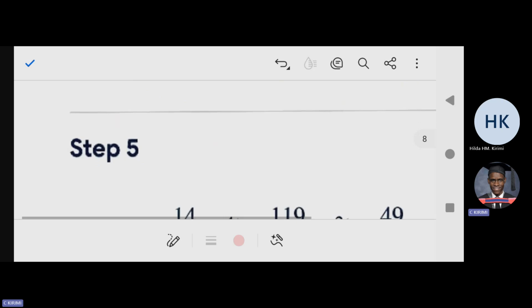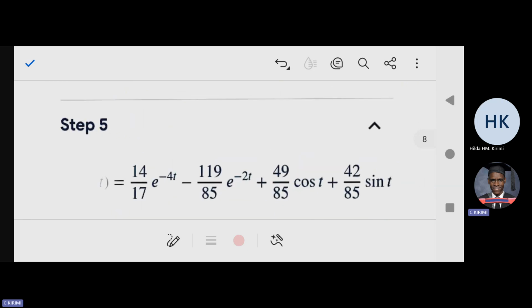After you are done getting C1 and C2, now you can find the general what? Solution. Which is x of t. x of t in brackets like this. x of t. This is your C1, simply e to the power r.